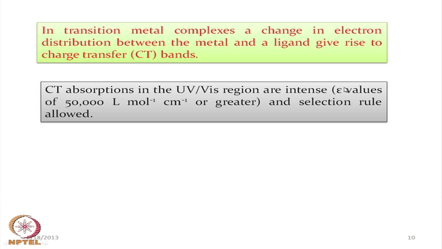And just now what I told you, the corresponding epsilon values are also very high, of the order of 50,000 liter mole inverse centimeter inverse, and in this particular case the selection rule is definitely allowed, because we are not talking in terms of the corresponding dd transitions.